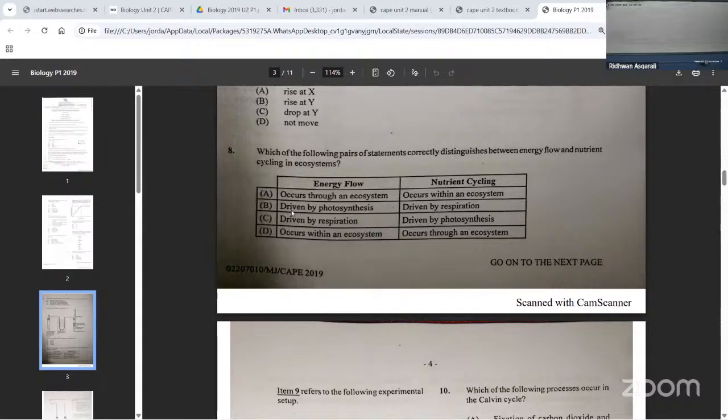Very good try. So B says energy flow is driven by photosynthesis, and nutrient cycling is driven by respiration.